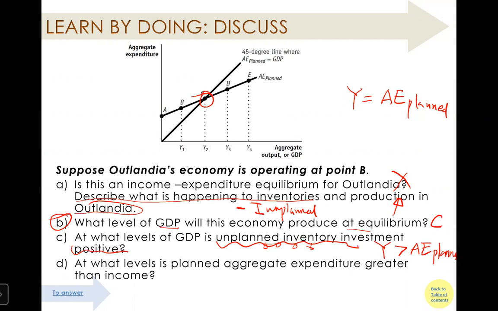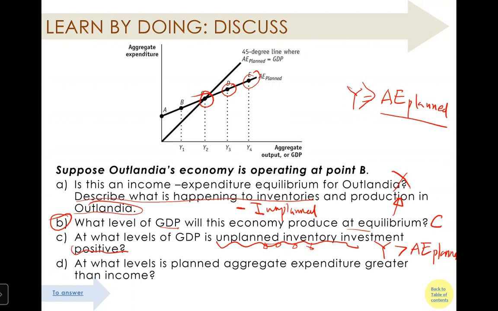In this graph, at point D, certainly Y exceeds aggregate expenditure. Point E also, Y exceeds planned aggregate expenditure.